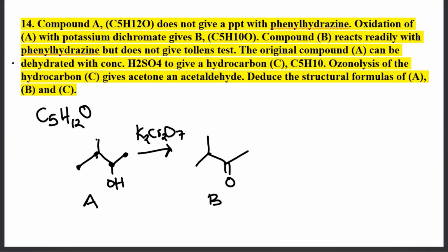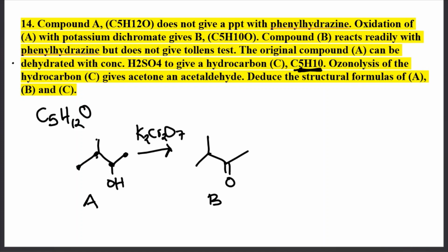Okay, so meaning that this is a ketone and it is not an aldehyde. That's why it does not give a Tollens' test positive. Then they're saying that compound A can be dehydrated with sulfuric acid to give the hydrocarbon, C5H10.